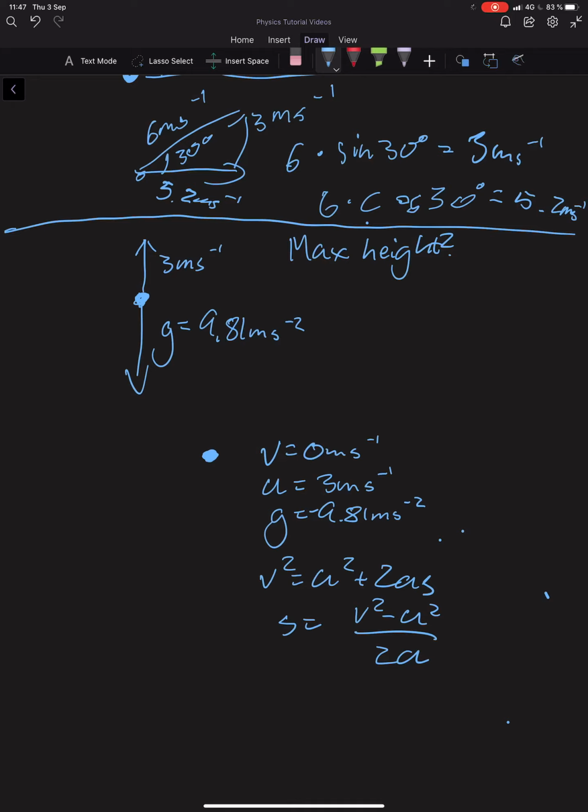Inserting the values then gives 3 squared over 9.81 times 2, which yields 0.46 meters approximately. Now you've solved for maximum height.